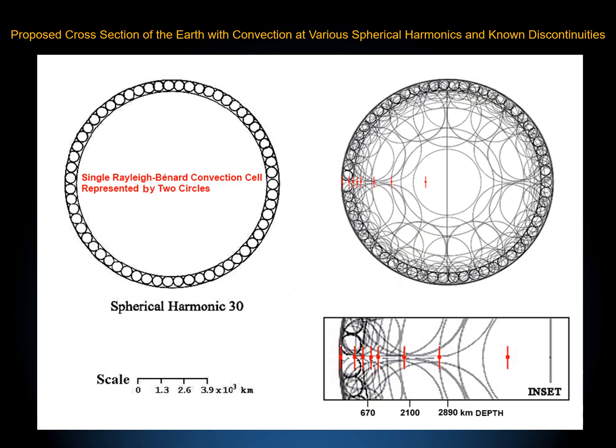The depth into the Earth delineating the spherical harmonic 30 convecting layer would be 670 kilometers. This is a well-documented discontinuity known as the Repetti or upper-lower mantle discontinuity. The 30th spherical harmonic is shown in the right-hand cross-section of the Earth as slightly darker.